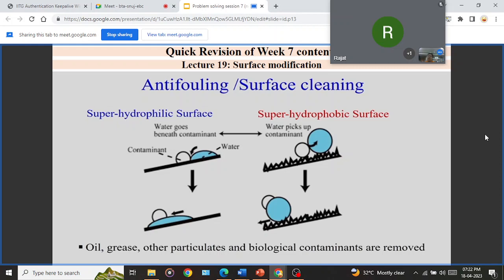But if we have a super hydrophobic surface, the water will pick up the contaminant. So a super hydrophobic surface is favored if we want a surface cleaning property. Oil, grease and other particulates and biological contaminants get removed if we have a super hydrophobic surface, right?